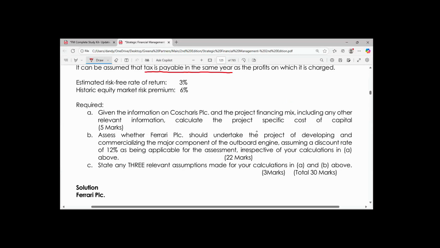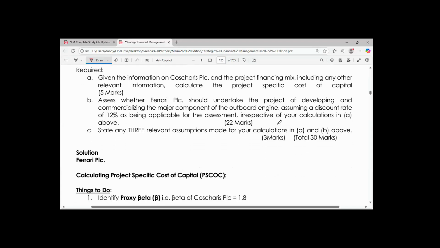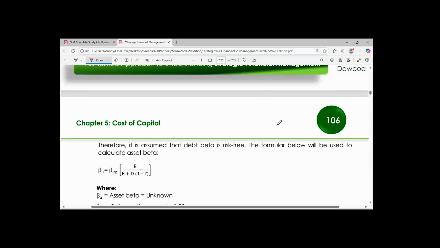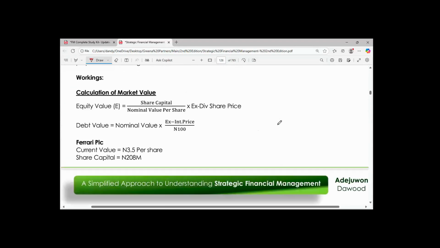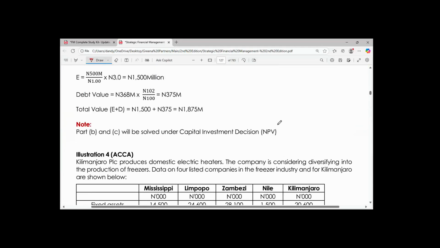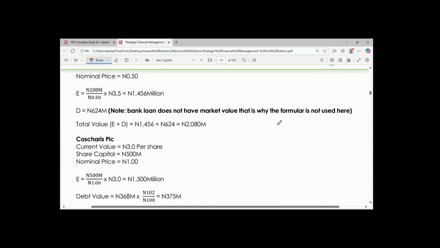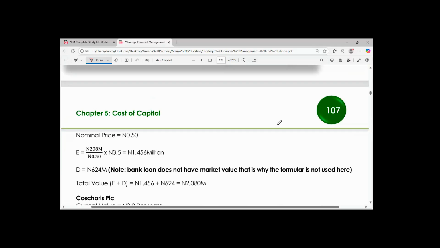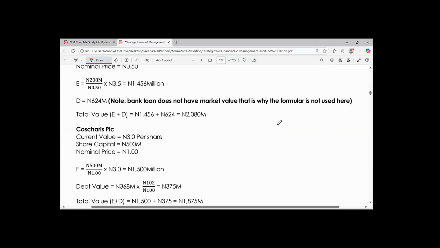You can see this is a big question. If you are going to have a capital budgeting question on that day, this is the kind of question that you are going to be given. This kind of question usually comes as a compulsory question.